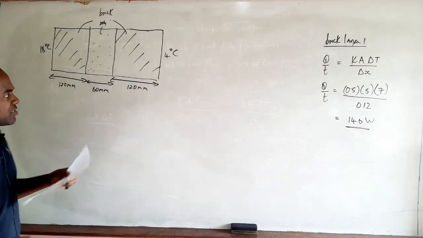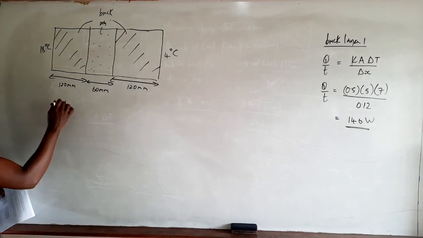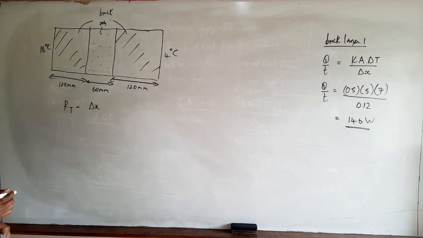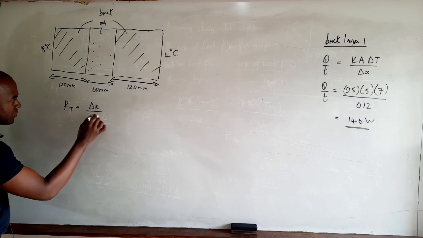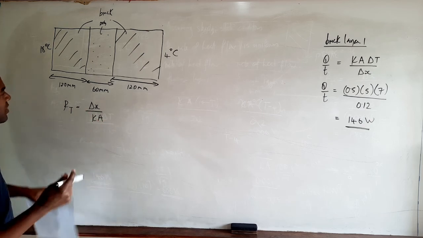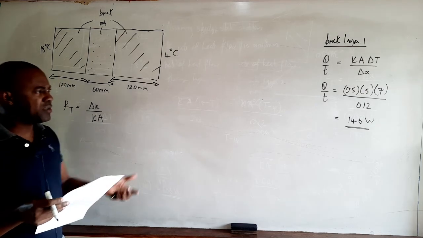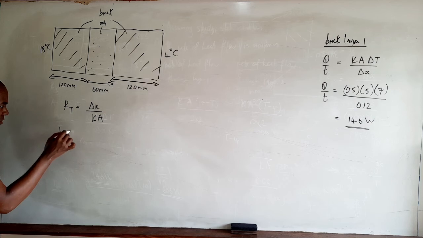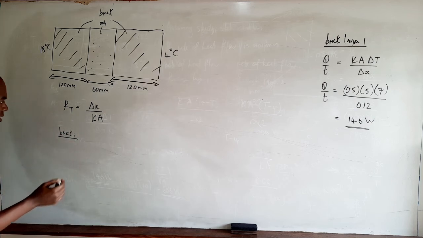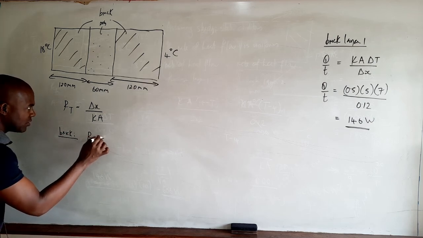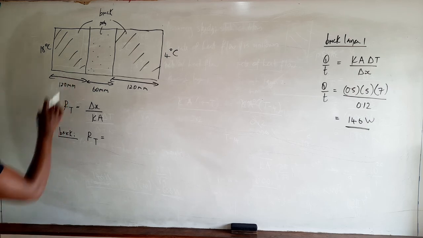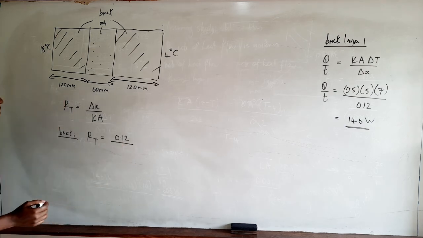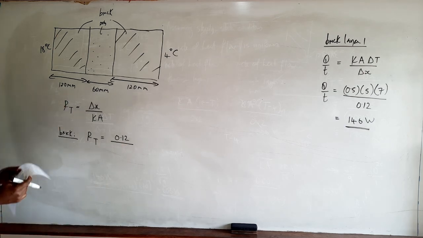So the thermal resistance, RT, is given by delta X over K A. And of course, we'd have been given the thermal conductivity of brick and polystyrene as well. So let's deal with the thermal conductivity for the brick. For the brick, thermal resistance RT is given as the thickness of brick, which is 120 millimeters or 0.12 meters, working with SI units. The thermal conductivity of brick is given as 0.5.